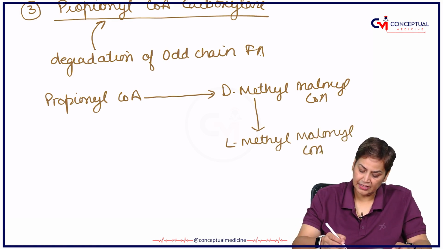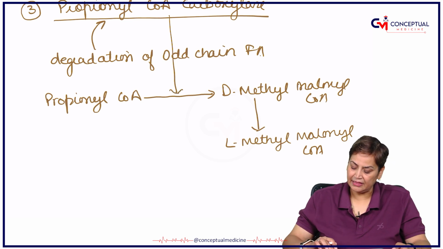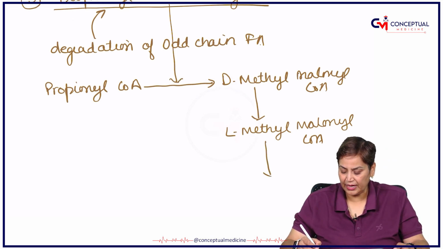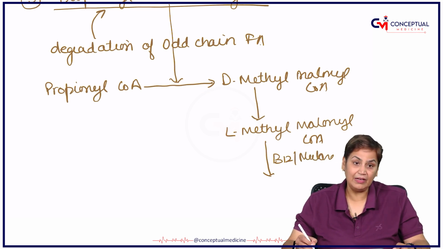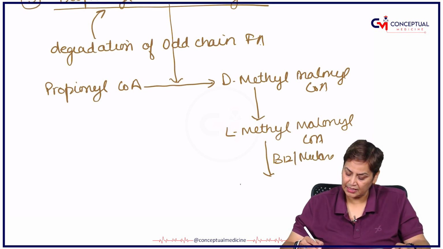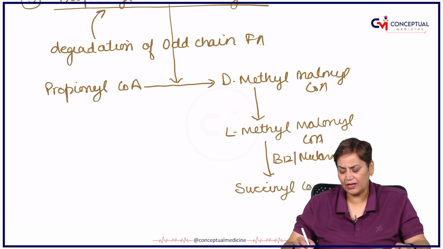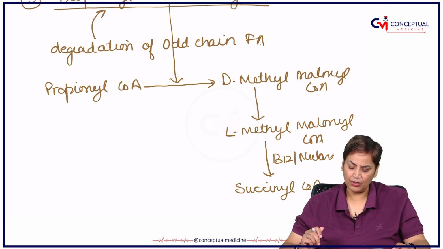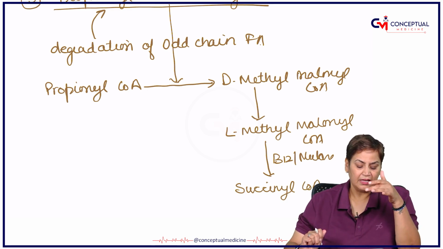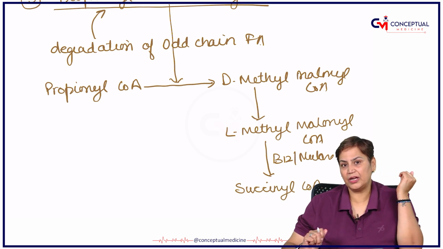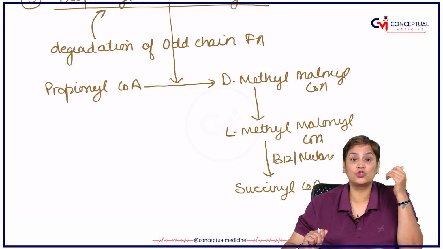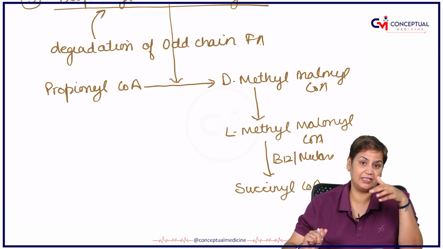Right? Here the enzyme is this, and this L-methylmalonyl-CoA in the presence of B12 or mutase will be converted into succinyl coenzyme A. So this is also a very, very important reaction, because whenever biotin is deficient in the diet, it leads to multiple carboxylase defect.